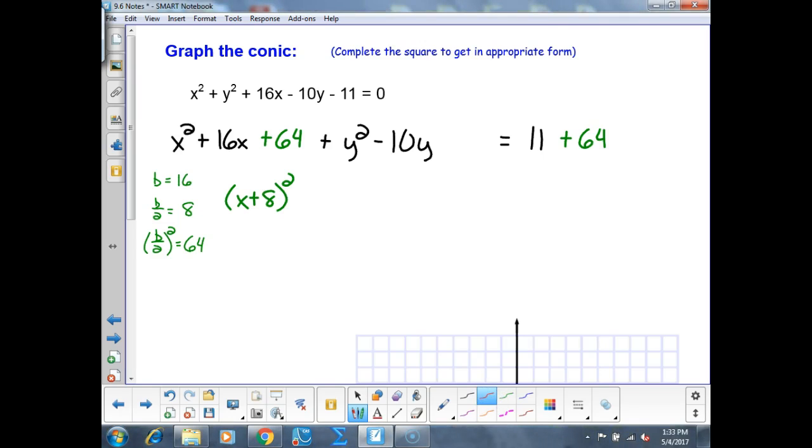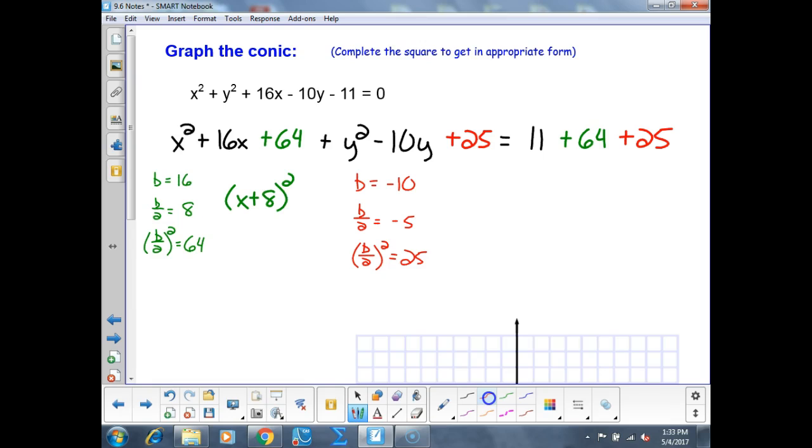B, then, is negative 10. B over 2 is negative 5. B over 2 squared, then, is 25. So I am going to add 25 here, which means I have to add 25 there.